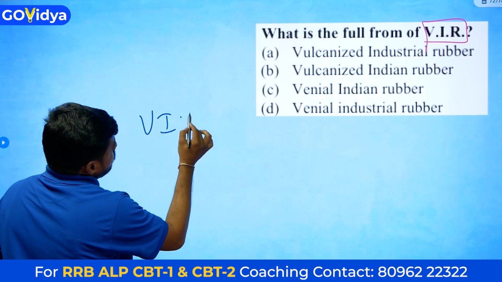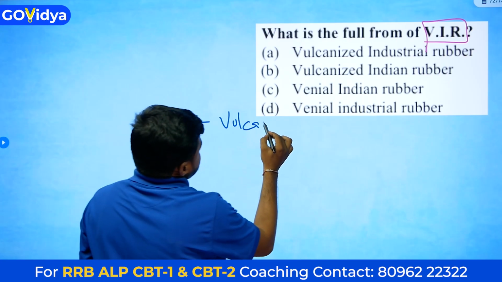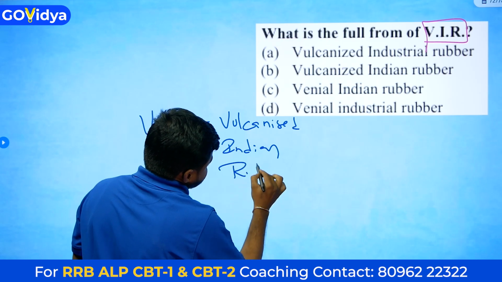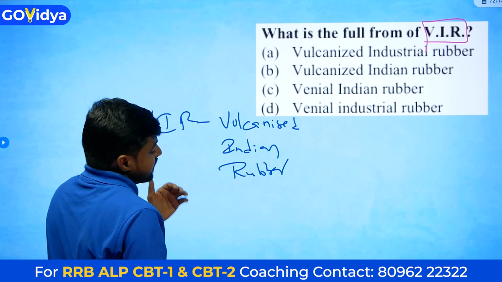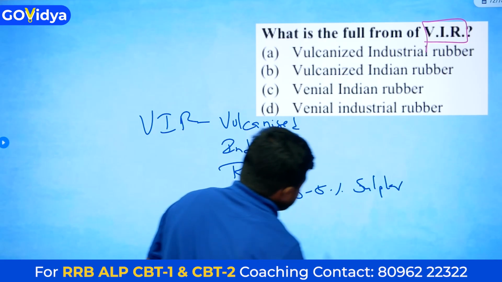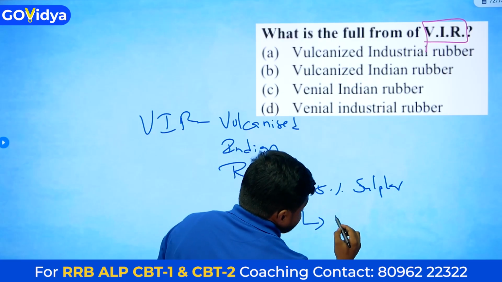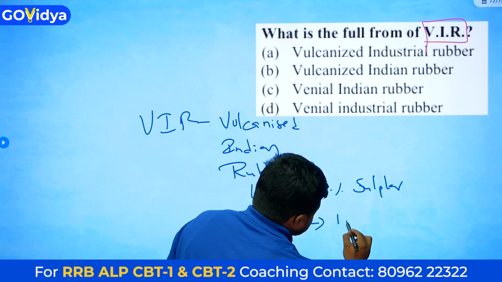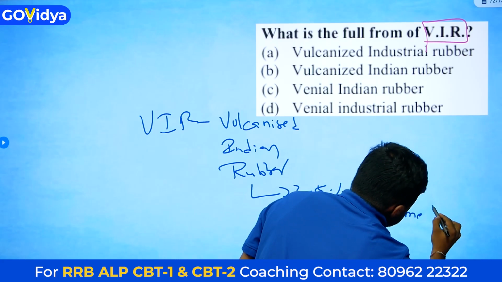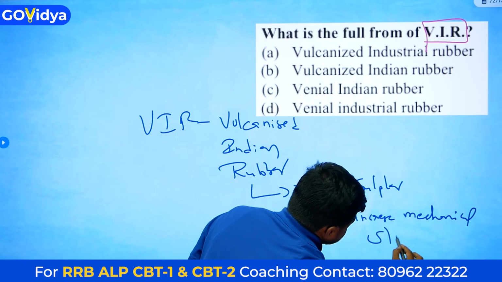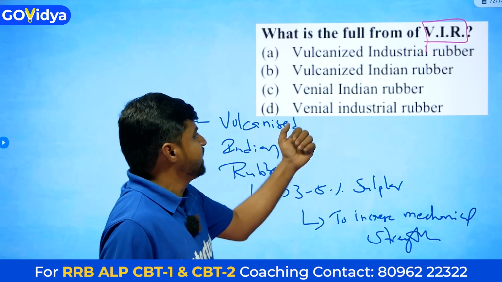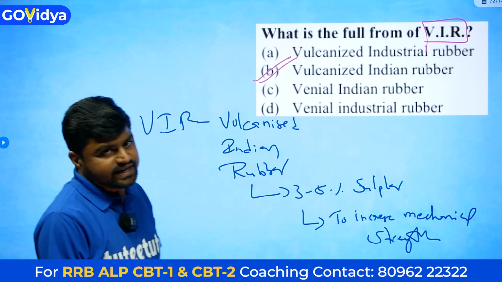In vulcanized Indian rubber we add 3 to 5% of sulphur. By adding this sulphur, the mechanical strength of the rubber increases. Full form of VIR is vulcanized Indian rubber. Option B is the correct answer.